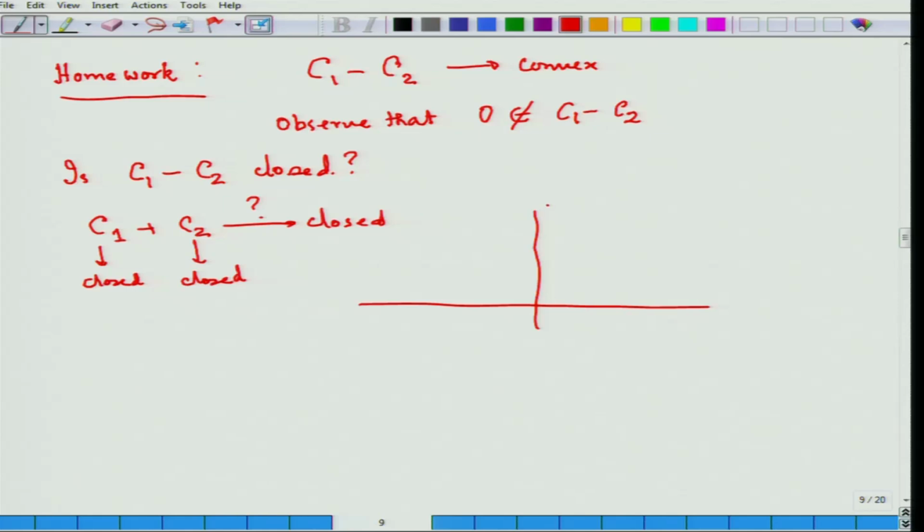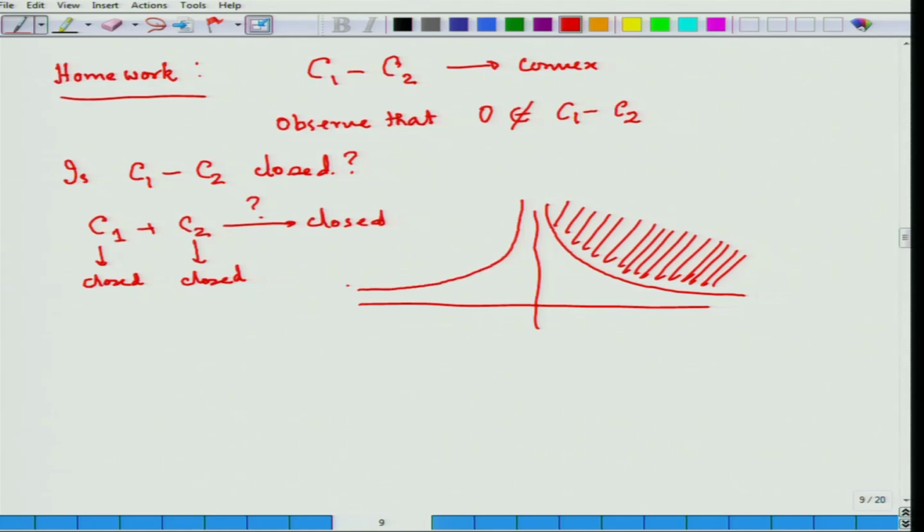where you take a convex set like this, y equal to 1 by x, and this is y equal to minus 1 by x. Look at these two. So, take any 2 points.